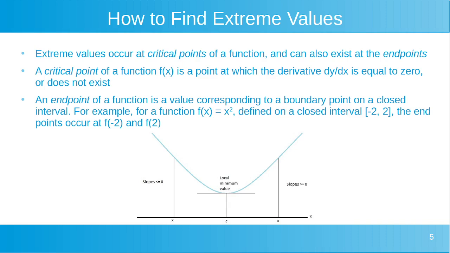And that corresponds to a minimum value at a point where the slope is equal to 0 and where the derivative is equal to 0. So by looking for where our derivative is equal to 0, we can essentially find the maximum and the minimum values of our function, which is really useful to us.